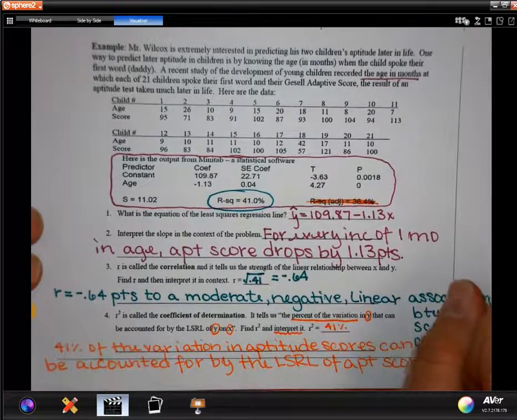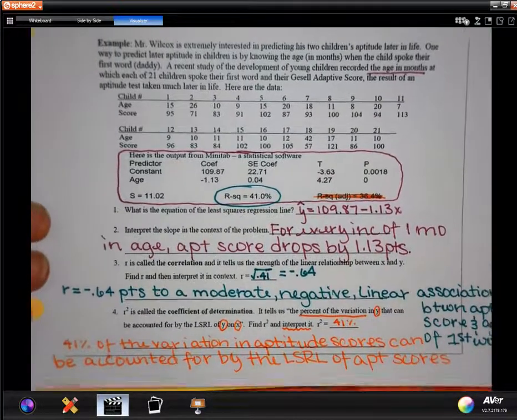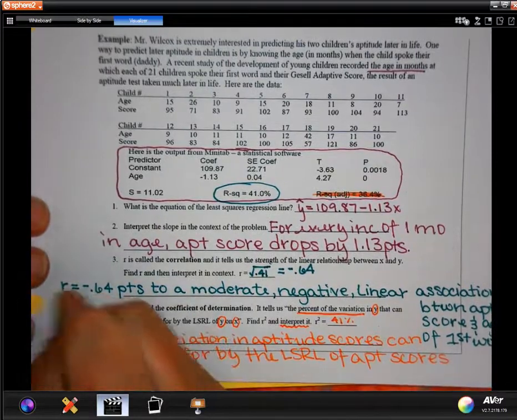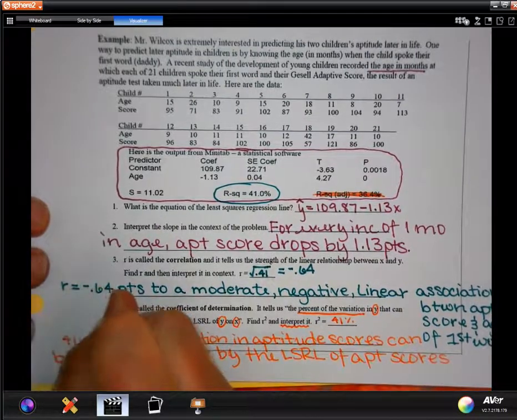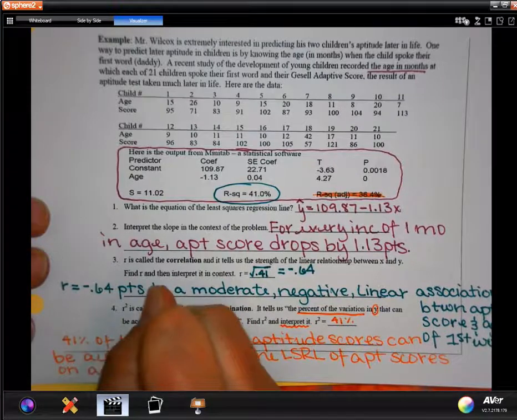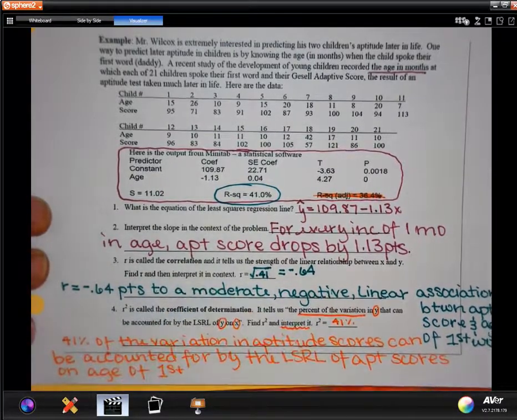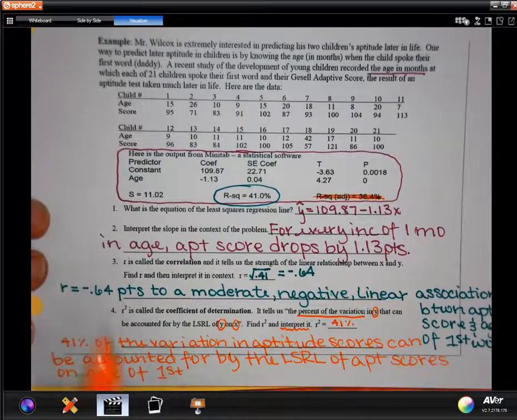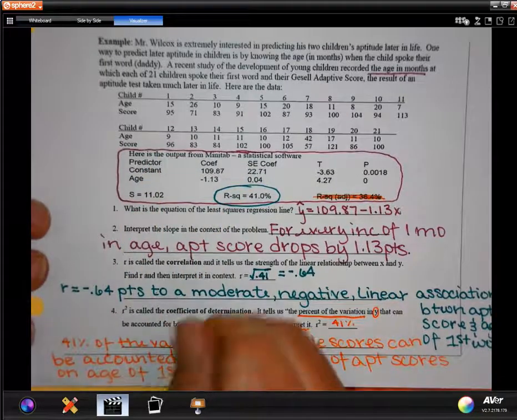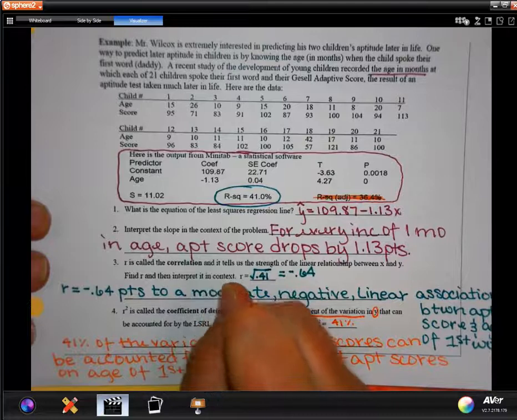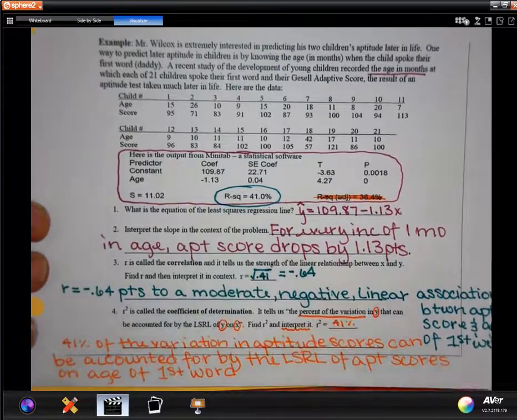So what that really means is that less than half of the variation in these aptitude scores is accounted for by our least squared regression line.